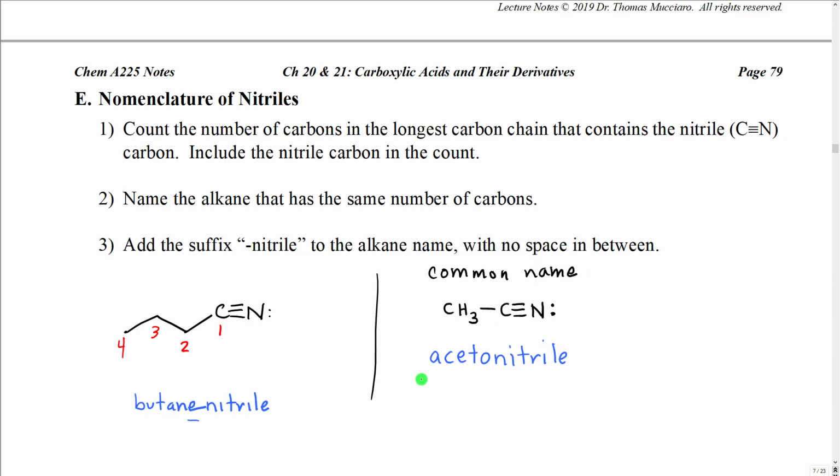So again, here's that acete, but in this case, to make the transition between the acete and the nitrile portion flow better, they put in an O. So it's acetonitrile. This is actually a really commonly used solvent in biochemistry, so you should try to learn this common name.